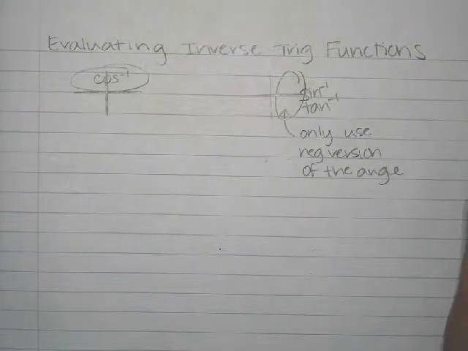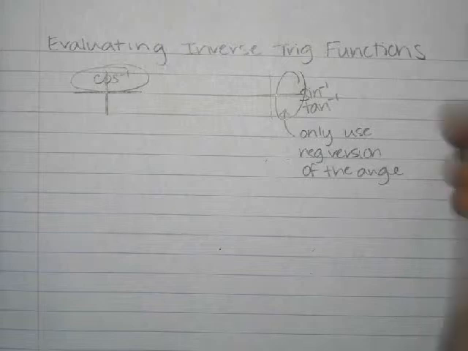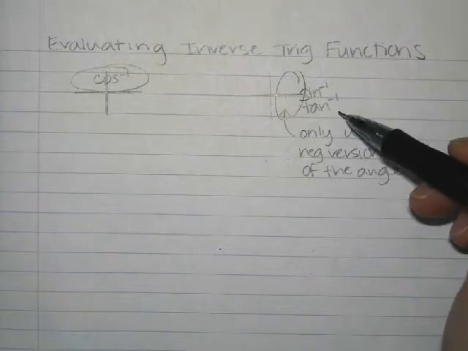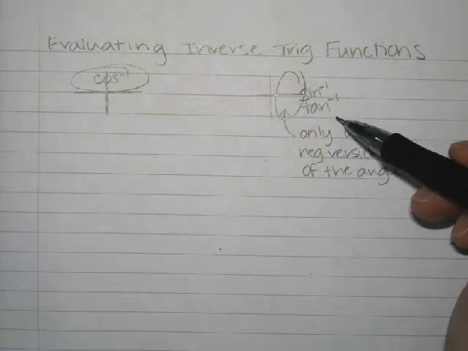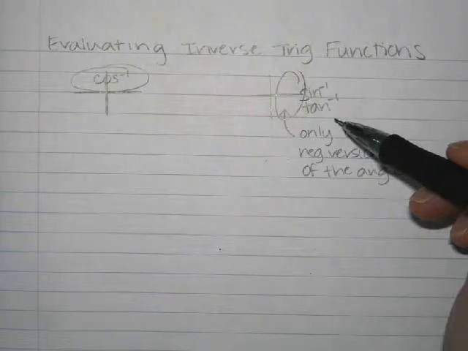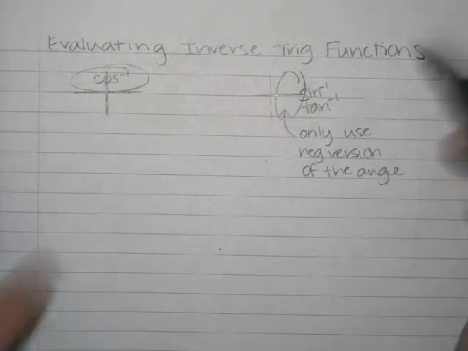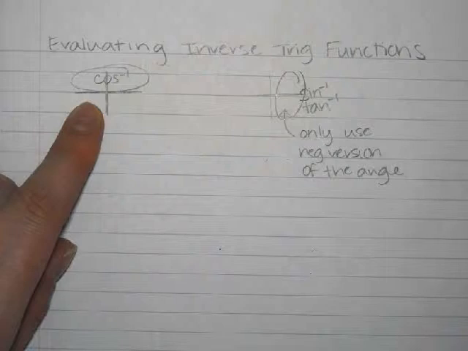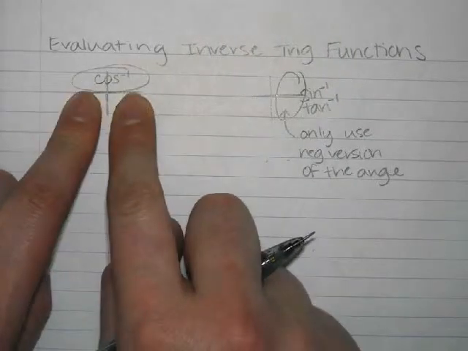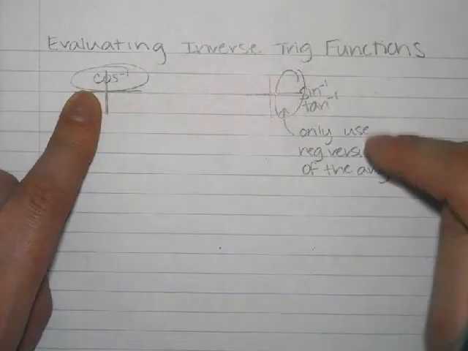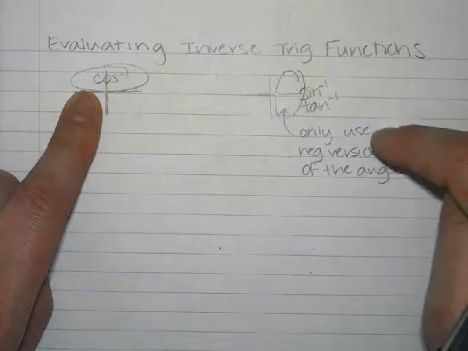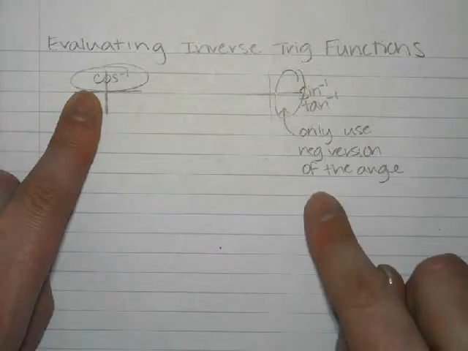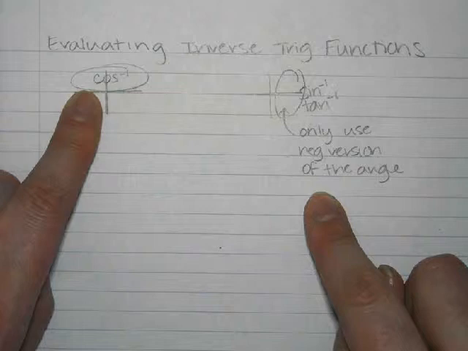That's what was in your packet of notes from last night. And sine and tan inverse have a domain of negative pi halves to positive pi halves. And that was also in your video from last night. Okay, so the practical application of that video from last night was cos can only use quadrants 1 and 2, sine and tan can only use quadrants 1 and 4, and angles in quadrant 4 have to be written as the negative version of the angle.